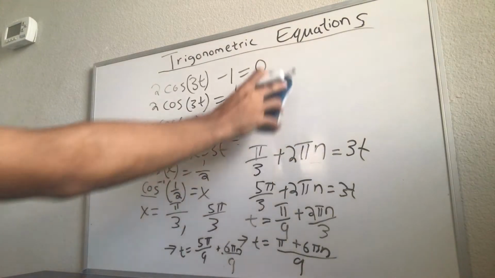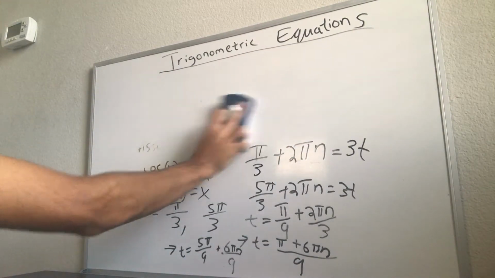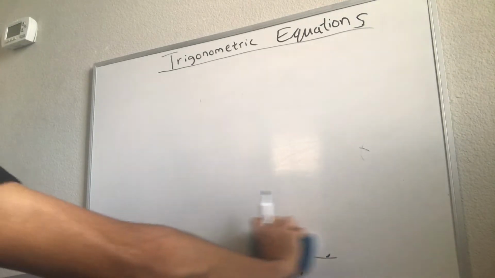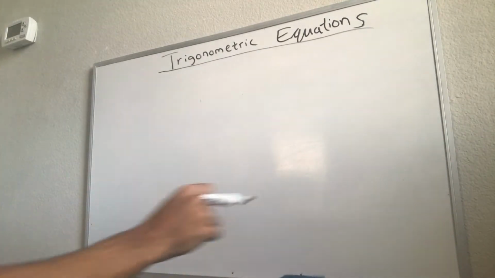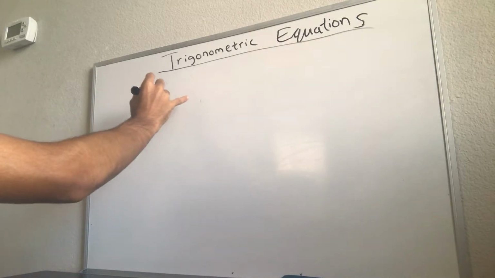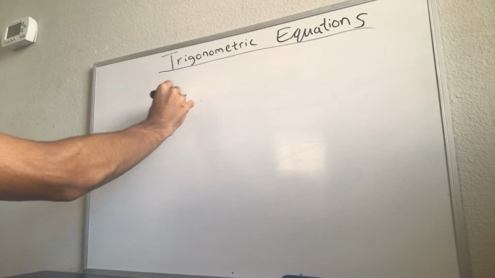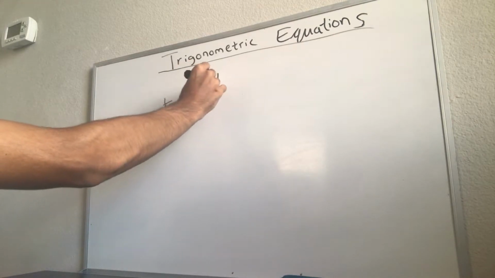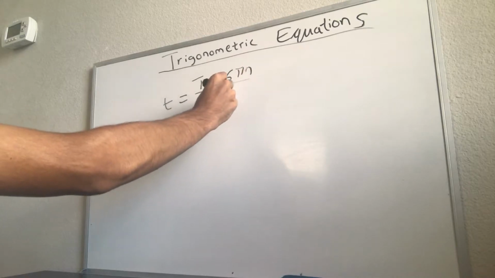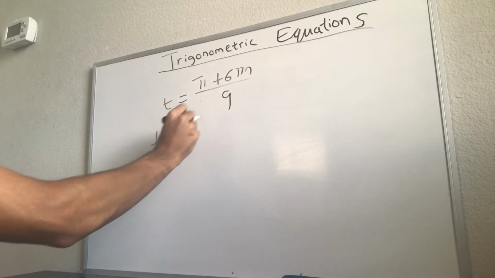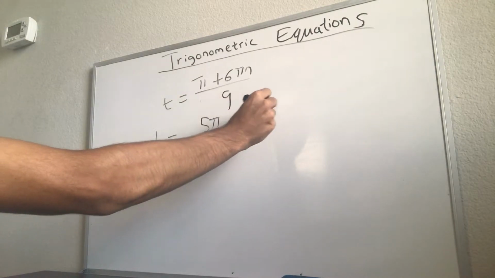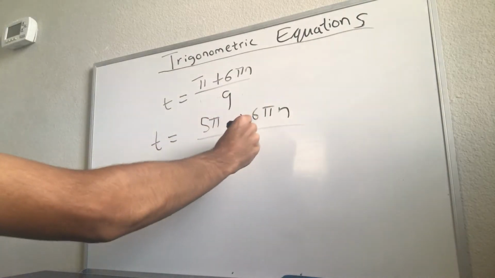Now I'll just erase this quickly so I can get more space here. So our two equations that we got for t, right? Those equations were, t is equal to pi plus 6 pi n over 9, and t is equal to 5 pi plus 6 pi n over 9.